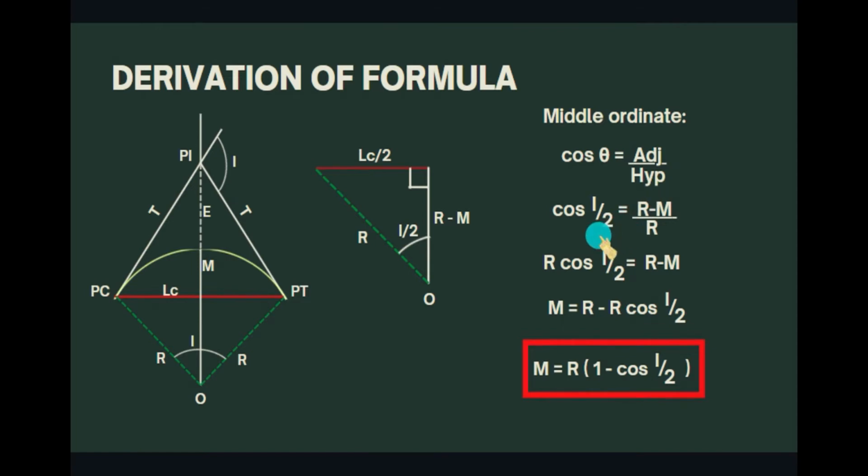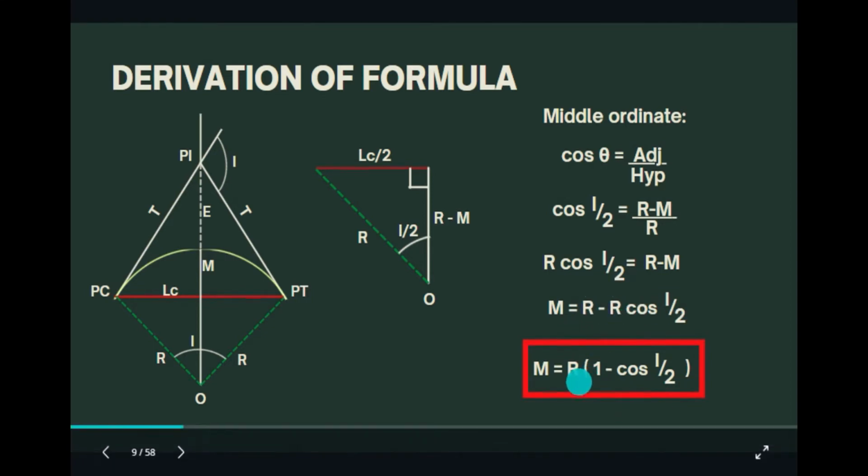So we have cosine, and our theta here would be I over 2, which is equal to its adjacent, R minus M, over the hypotenuse of R. So we can just simplify the following equation, and then we can factor out R and get the formula of the middle ordinate, which is M equals R (1 minus cosine I over 2).